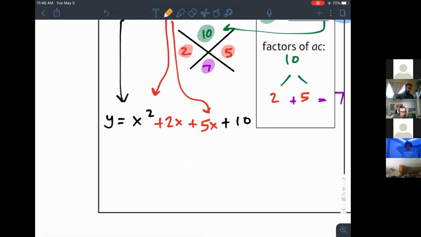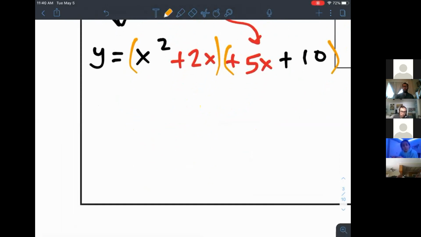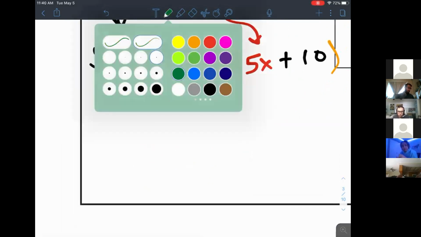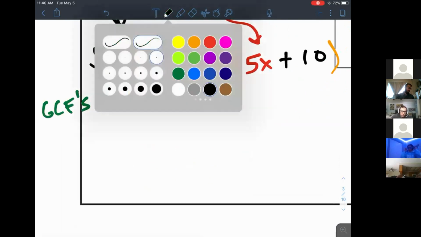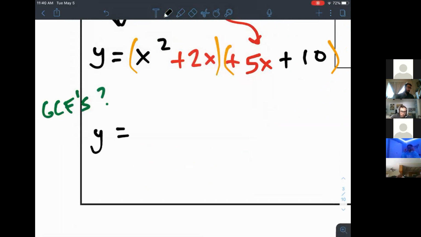So here's what we do. We make a group with a grouping symbol, parenthesis. We make a second group with a grouping symbol, parenthesis, and we're off and running. Now I look for GCFs. Are there any? Of course there are. What can I take out of my first group? Anyone know? You can take out an x. No doubt, because there's an x here and an x there.